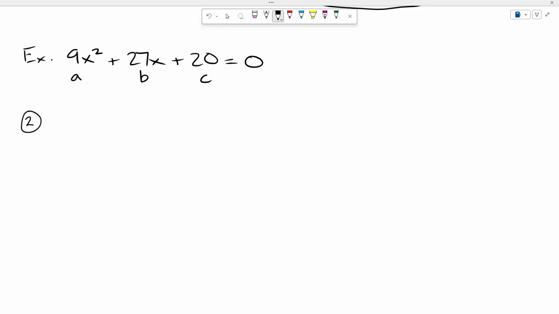And I wanted you to see a different one where our leading coefficient, right here, wasn't 1. In this case, of course, it's 9.